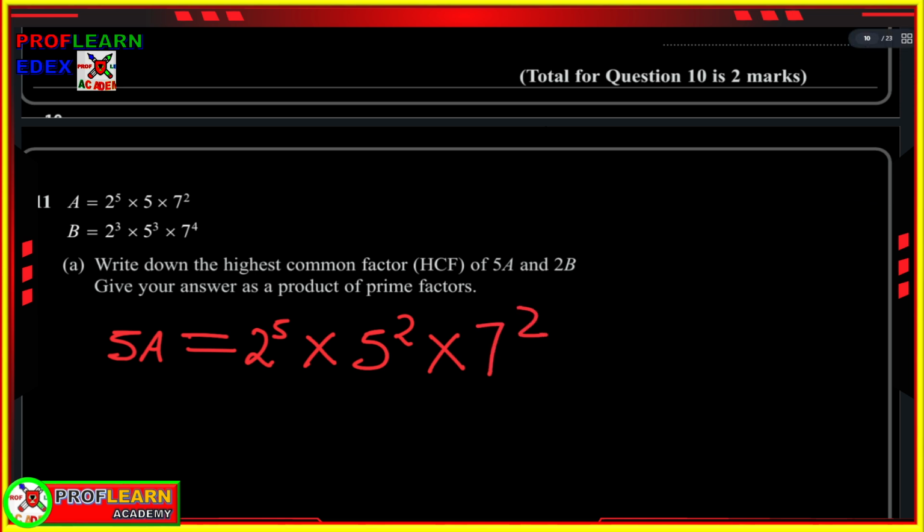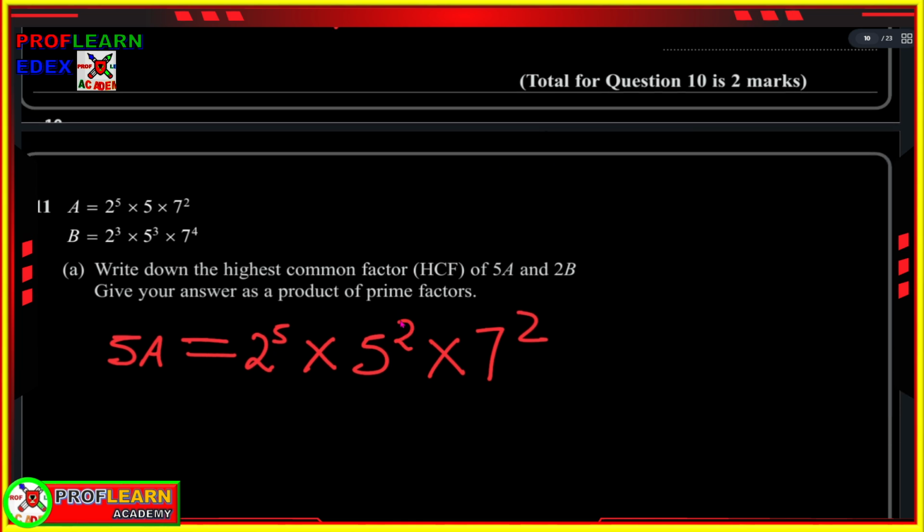I've said 5 raised to power 2 because we are having 5a. So since this was just a and we have introduced the 5, we must introduce it on the other side.